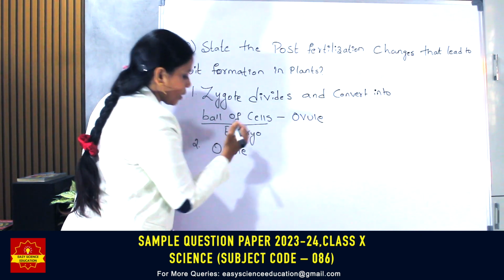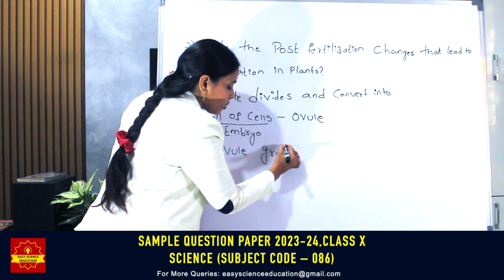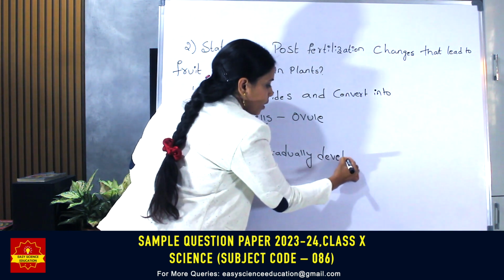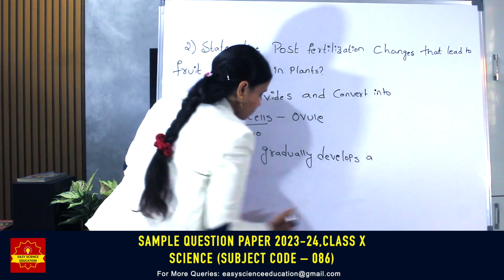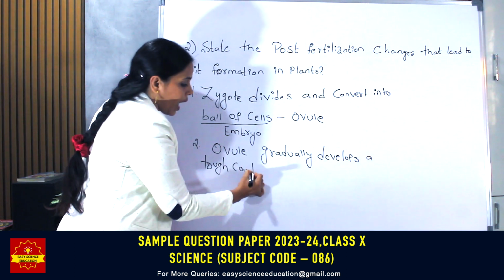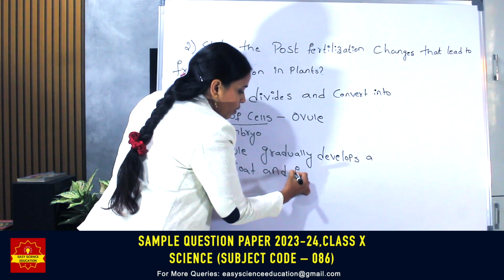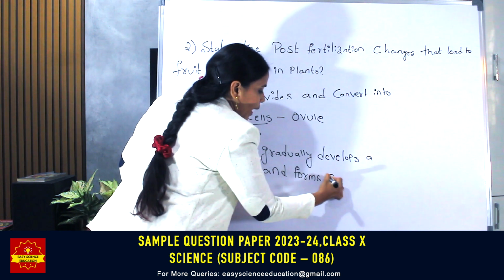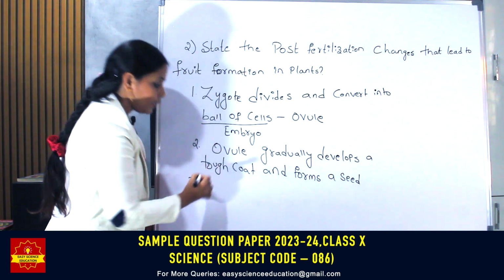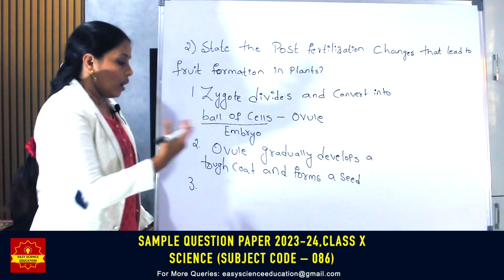So the ovule gradually develops a tough coat and forms a seed. This is the second thing which happens after fertilization.